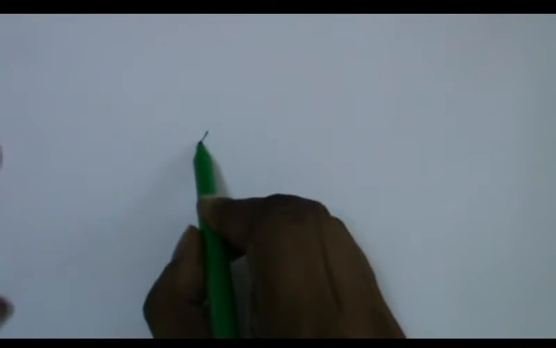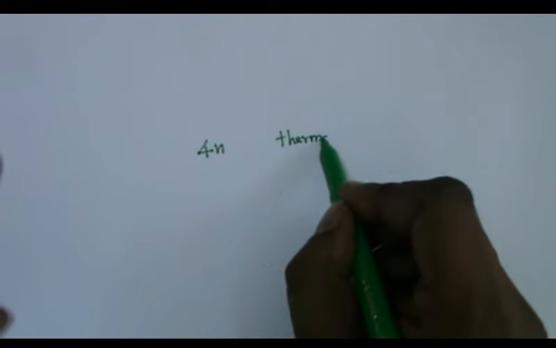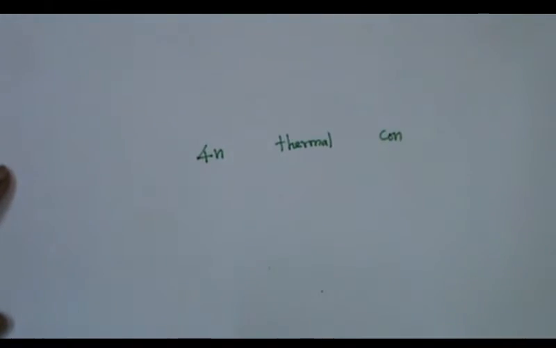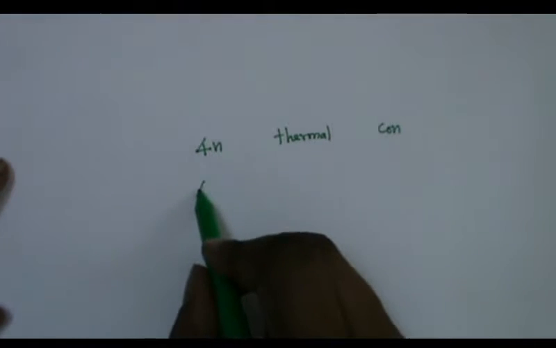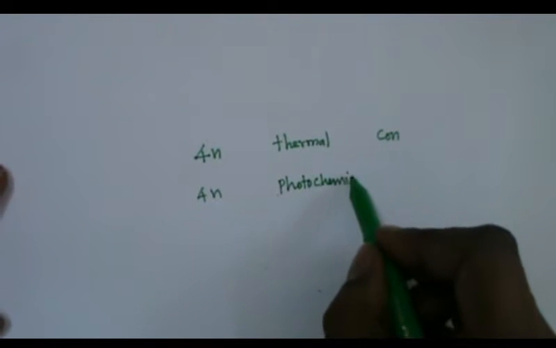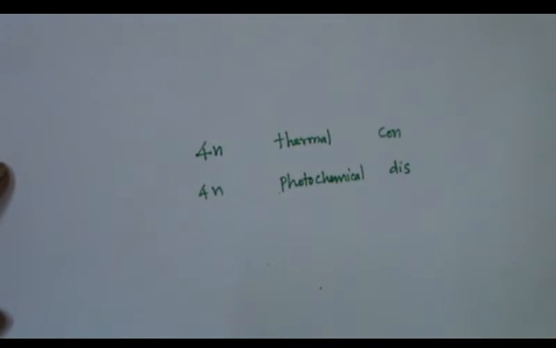To solve this, you should know the condition. That is, 4N system under thermal condition undergoes conrotatory. Same 4N under photochemical, it undergoes disrotatory.